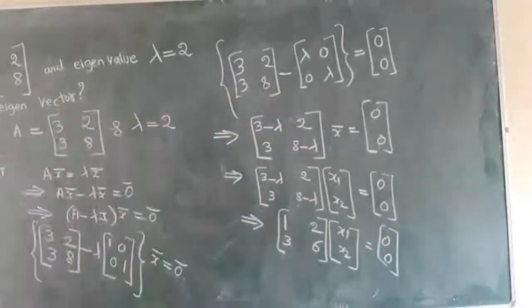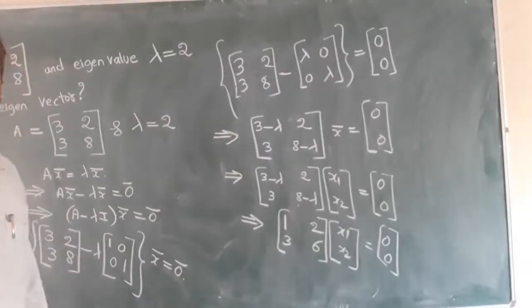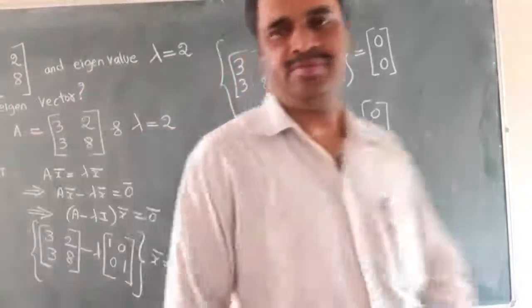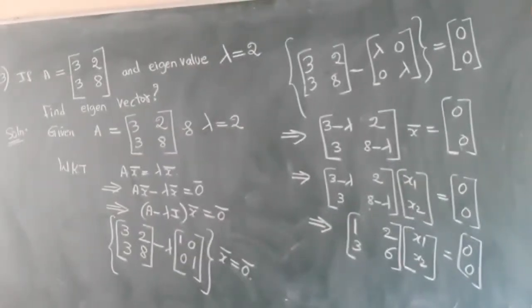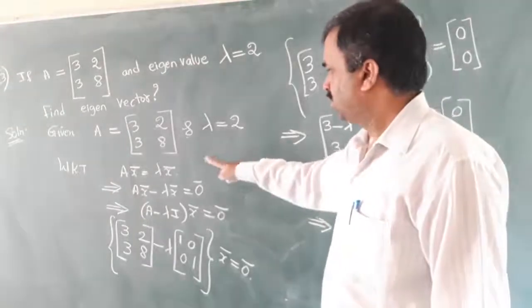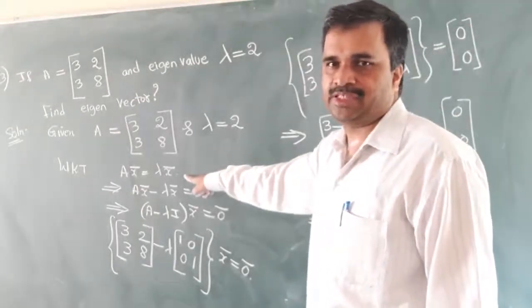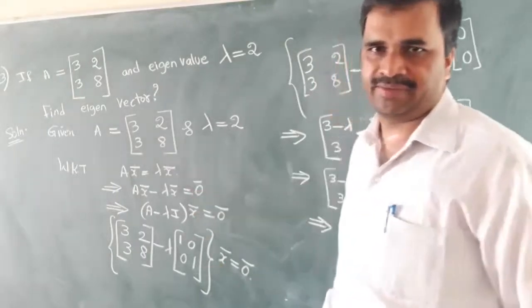Let's copy it. We have to find x1 and x2. So very simple. Given lambda equal to 2, we require A x bar equal to lambda x bar, then we can say x bar is an eigenvector and lambda is an eigenvalue.